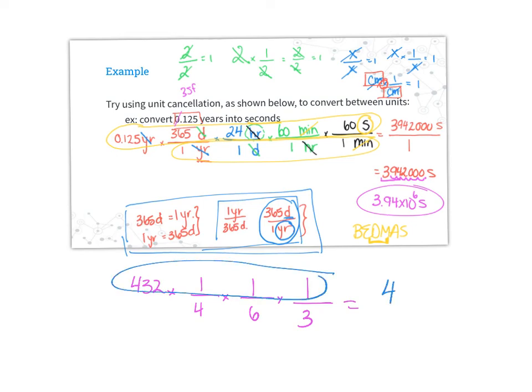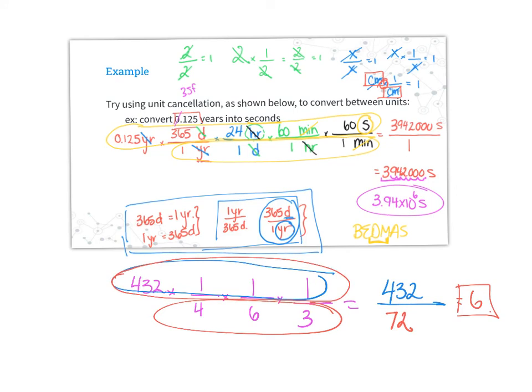So that would be 432 divided by everything multiplied across the bottom. So 4 times 6 is 24, times 3 is 72. To finish up my question, I simply need to finish that division statement. So 432 divided by 72 is 6. That would be my final answer. So multiply all the way across the top and all the way across the bottom, and then finish by completing your division statement here.